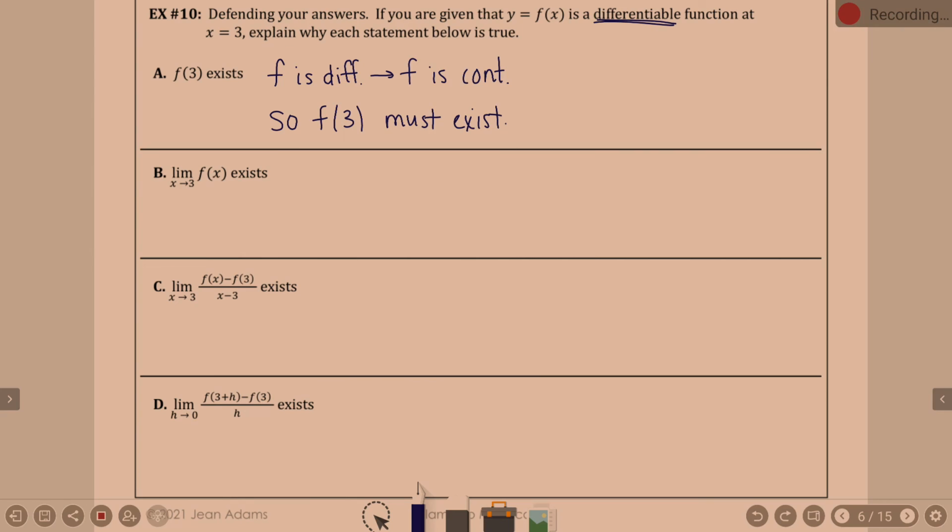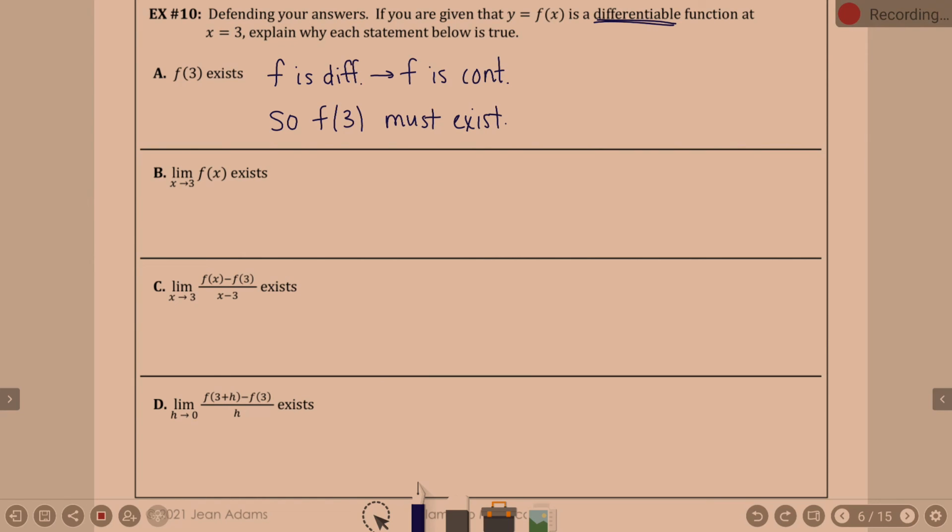B. The limit as x approaches 3 of f of x exists. It's continuous. Isn't this basically what we have to show for continuity? The limit has to exist, right? For the limit to exist, the limit from the left has to equal the limit from the right. So we know this is continuous.